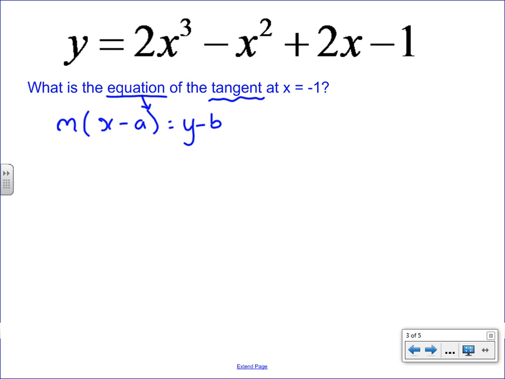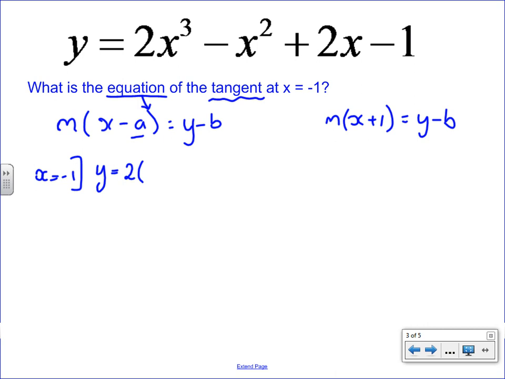Okay, so to find that point on the line, we know we've got an x value of x equals minus 1. So that goes there. So two bits missing. Then we can work out what the y coordinate, the b value, is, because b is the y coordinate corresponding to the x coordinate minus 1.